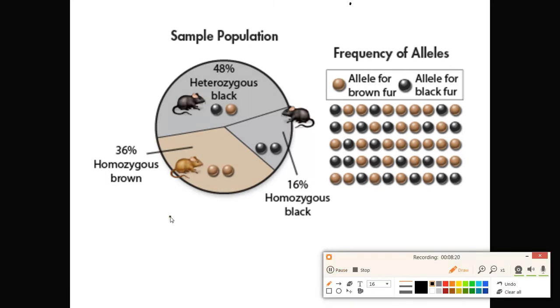So we have 36 times 2, because every mouse that's brown has 2 of these, so that's 72. And we have 48 heterozygous black mice, which means 48 of them are brown.